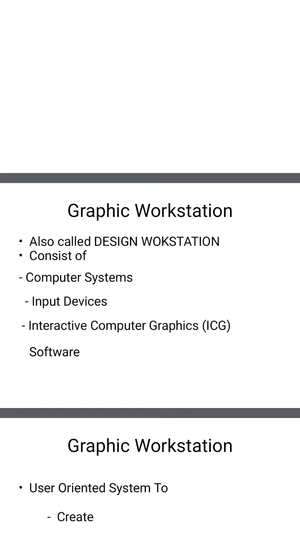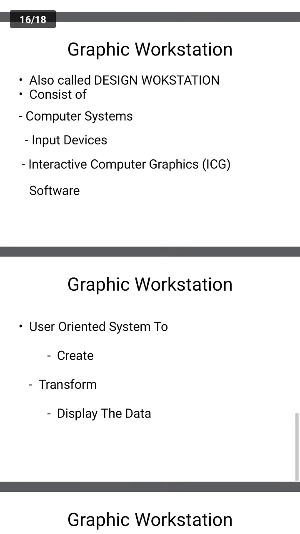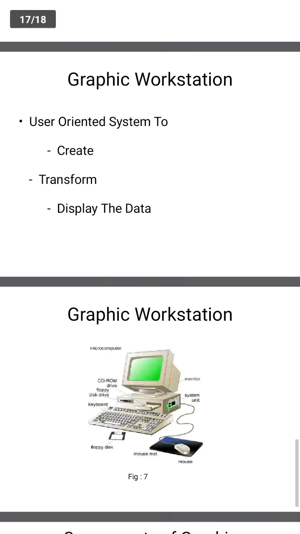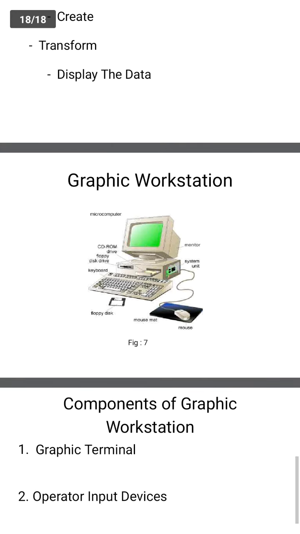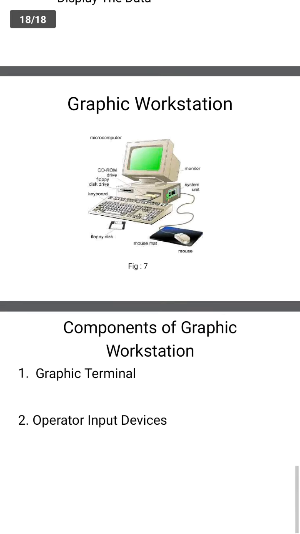Whatever work is going on now, those specifications we can find out. A workstation is specially configured from one system to another system, so we can create or transmit data from the display device. That is called a graphic workstation. Keyboard, mouse, all those will be the hardware.